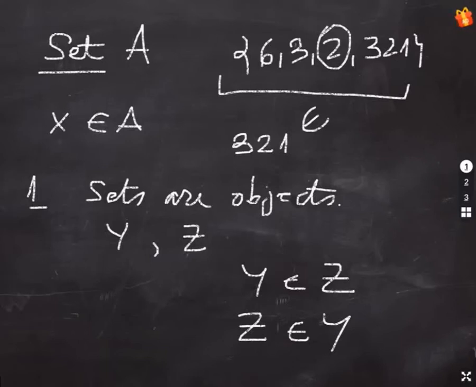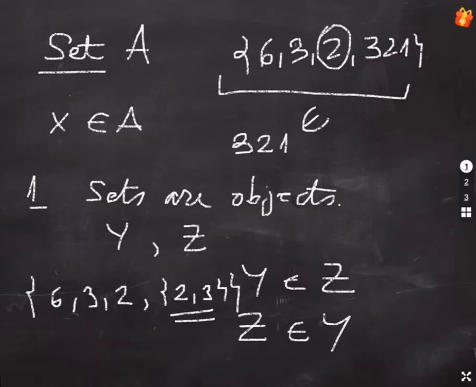That means that you can define sets with sets. So, for instance, in the previous example, 6, 3, 2, we could have used a set here, for instance, 2 and 3, as an object of the set, and everything is fine.